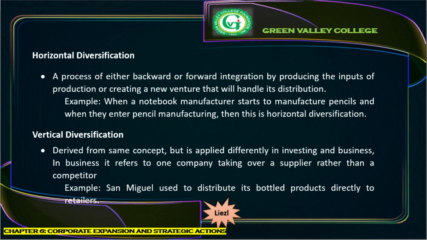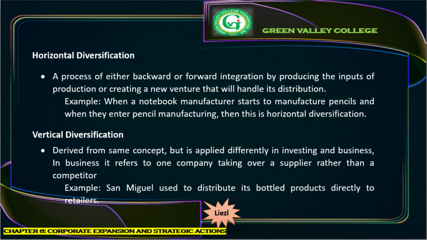So sa horizontal diversification, ito yung nag-diversify sila into, for example, sila yung sa isang business, sila yung nag-create ng other product na pwede nilang mapagkitaan para makadagdag kita sa ilang business.